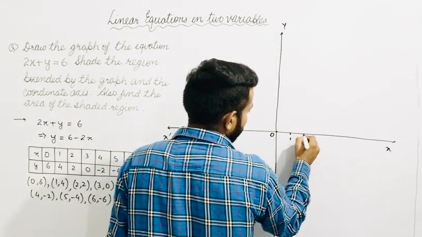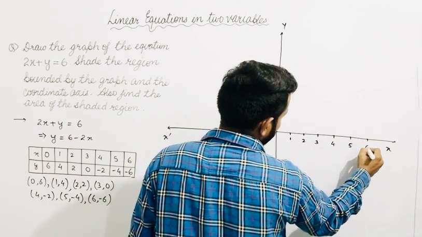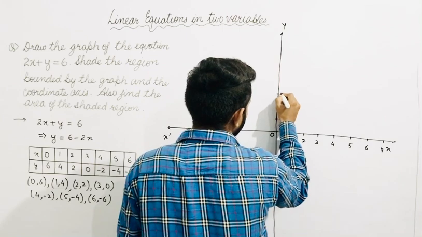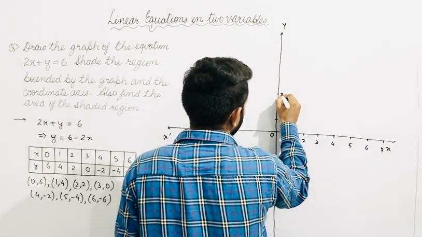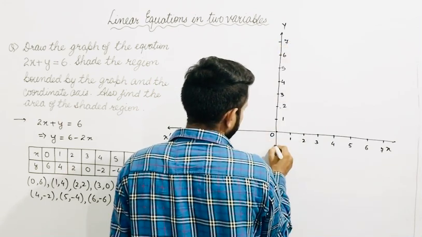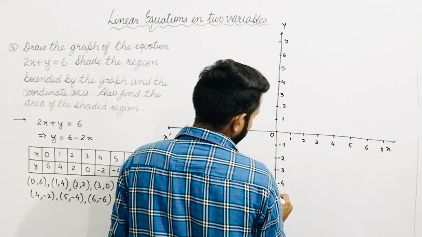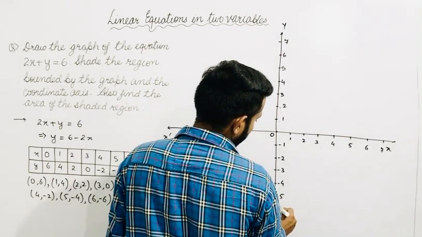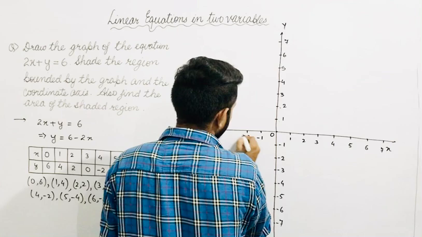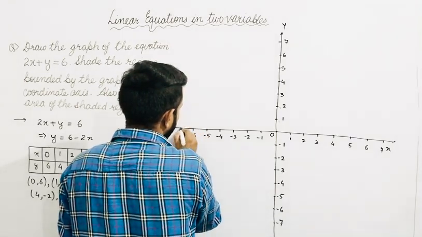Let it be 1, 2, 3, 4, 5, 6, 7, and minus 1, minus 2, up to minus 7 on each axis.